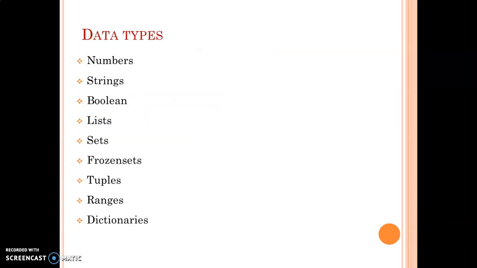Next, coming to data types. What is a data type and why we have to use data types, I will explain in the same session. First let us see the different data types available: numbers, strings, boolean, list, sets, frozen sets, tuples, ranges, and dictionaries. Slowly we can learn one by one in the coming sessions.